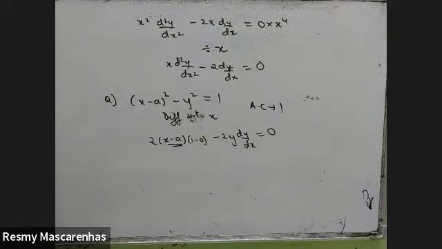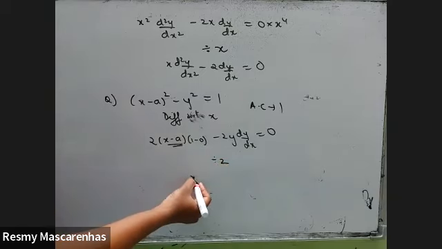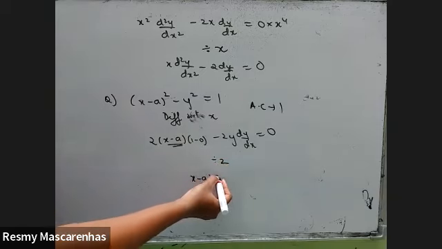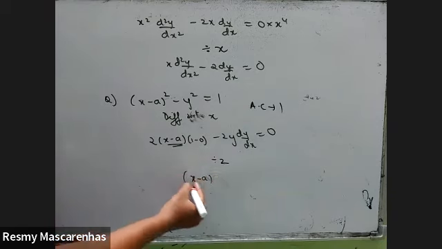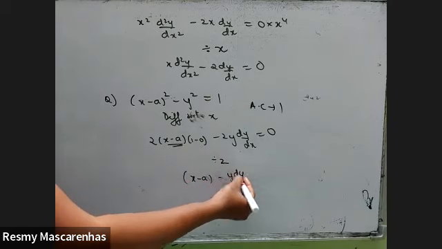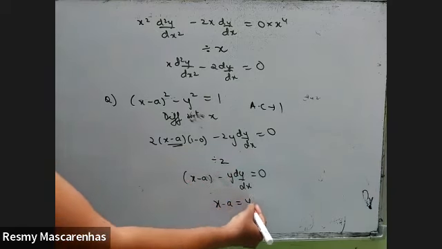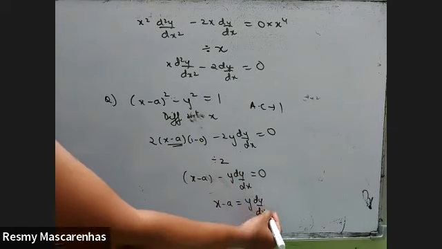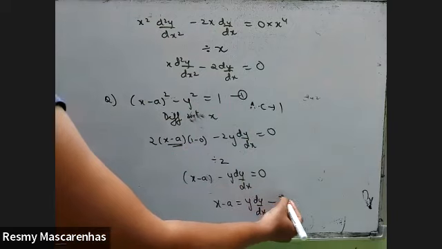Now we cannot do anything. Now the only option is to substitute. First thing you can do is divide by 2. After dividing you'll get this, so x minus a is y dy by dx. Mark this as equation 1, mark this as equation 2.